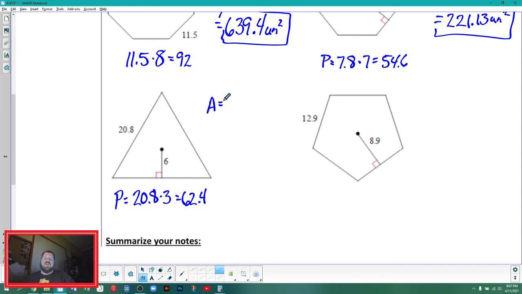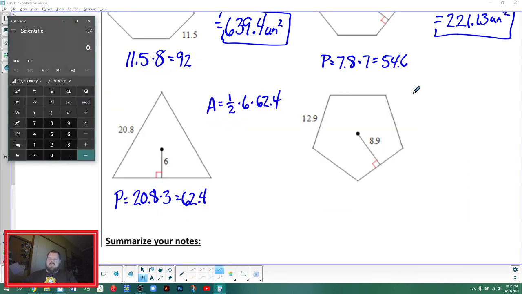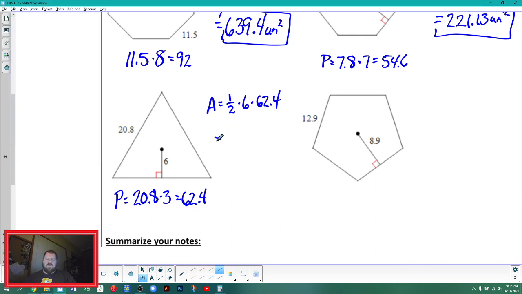So the area is going to be 1/2. The apothem is 6. Perimeter is 62.4. So 0.5, not 0.2, times 6 times 62.4 is 187.2. Units squared.